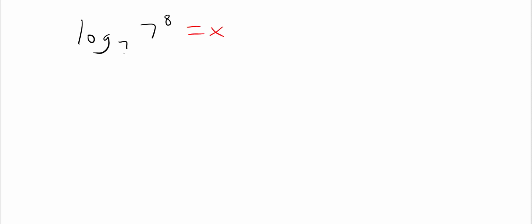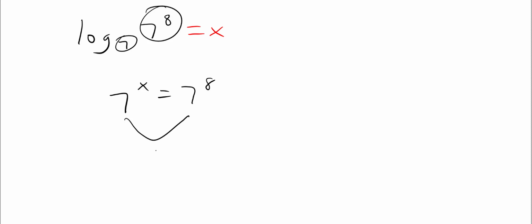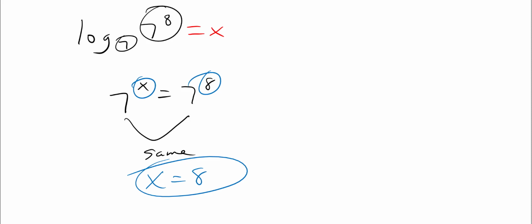So 7 to the x power equals 7 to the 8th power. Now the beauty is I don't have to do any work, guys, because that's already got an exponent. Literally, because these are the same, you set those exponents equal to each other, and my answer is x equals 8. That's pretty sweet.